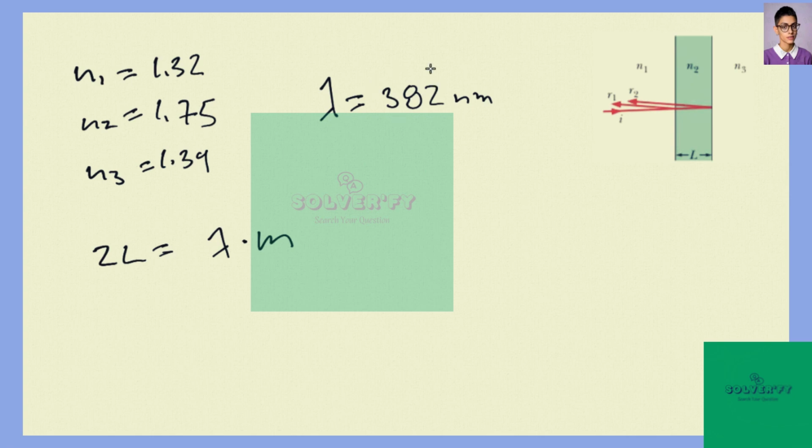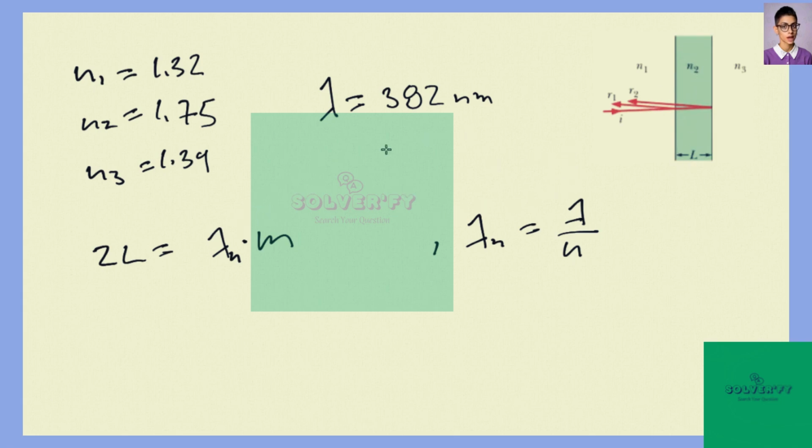This lambda here is the vacuum wavelength. We want the wavelength in the material, so I'm going to label it as lambda sub n, and I'll just remind you that lambda sub n is just the vacuum wavelength divided by the index of refraction, n. And in our case, it's going to be n2.